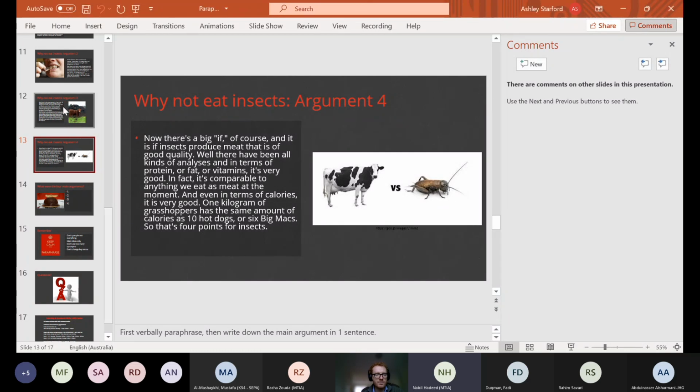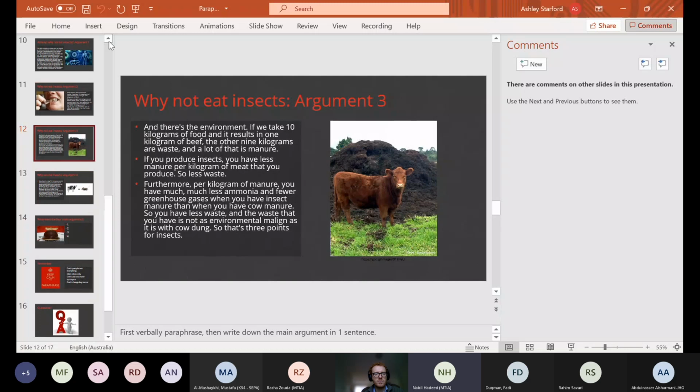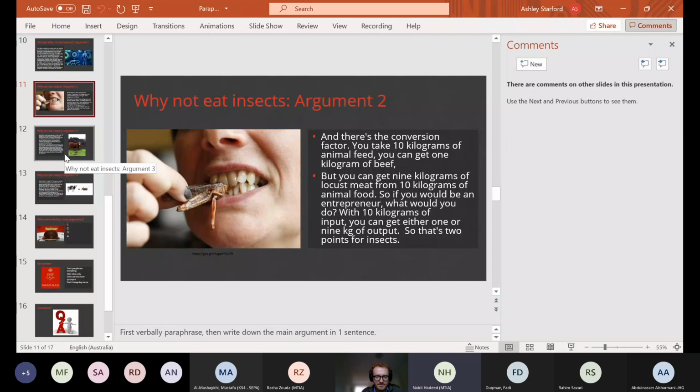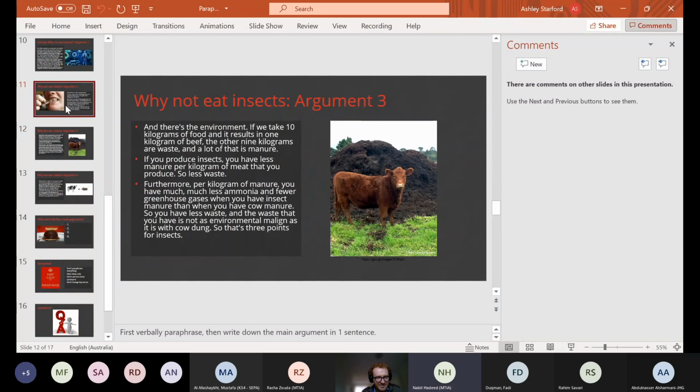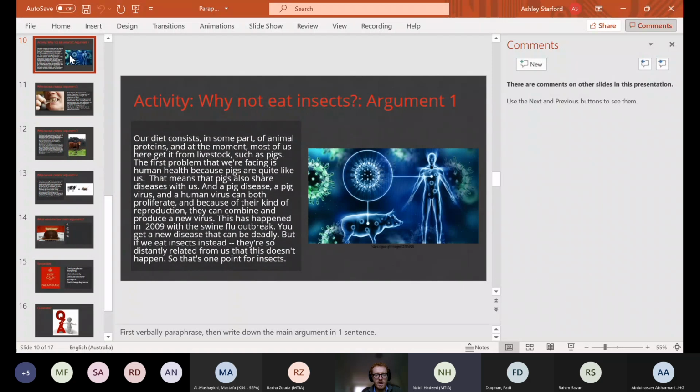The third argument is about environmental issues, just the waste. Yeah, but in general, ecological balance is a big issue, I think. But they didn't mention it. I didn't think so. No, probably not.